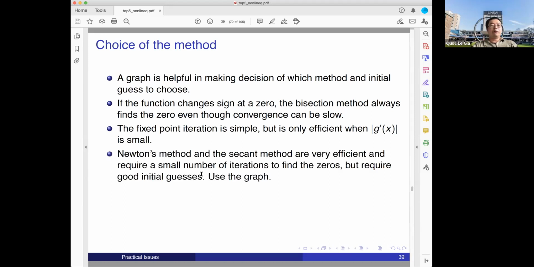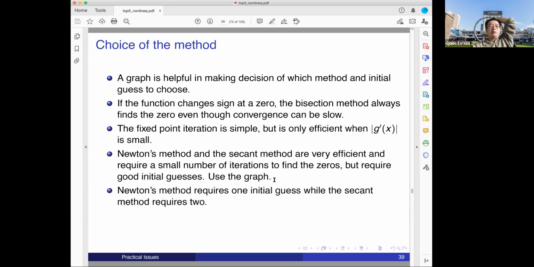And then once you have a region that has a 0, you can use Newton method to find a very accurate solution. And if you don't have the derivative, you can use the secant method. Newton method requires 1 initial guess, but the secant method needs 2 initial guesses.